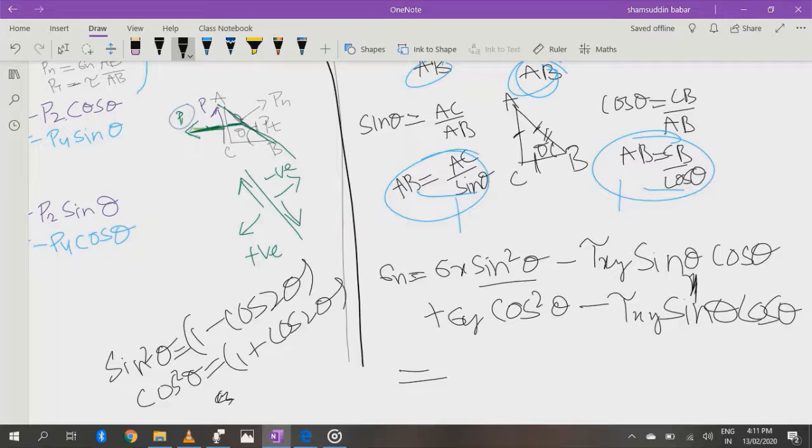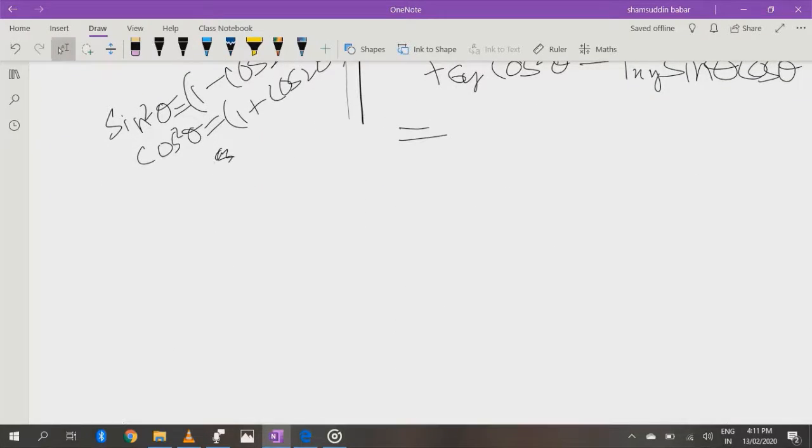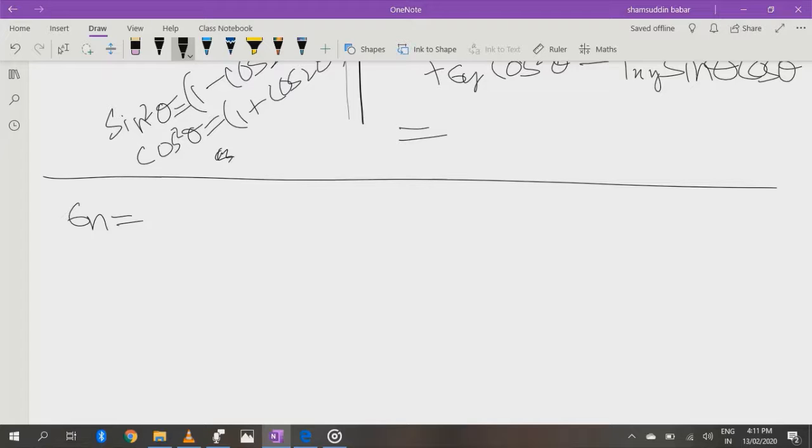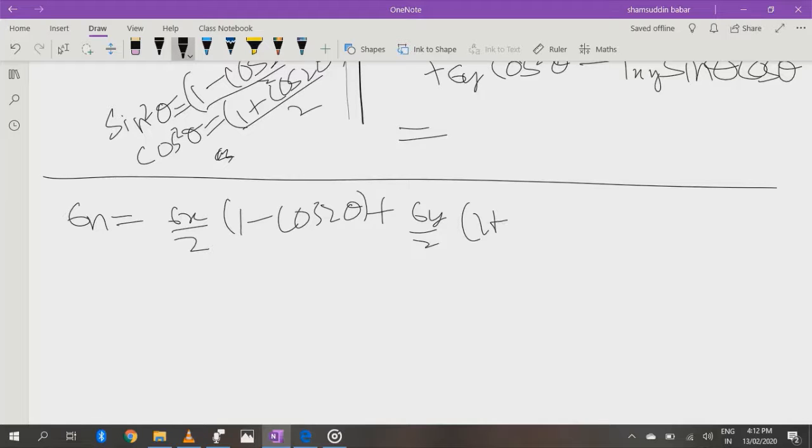So my normal stress, stress N, is equal to stress x by 2 times (1 minus cos 2 theta) plus stress y by 2 times (1 plus cos 2 theta), because these all are divided by 2, minus 2 tau xy sine theta cos theta.